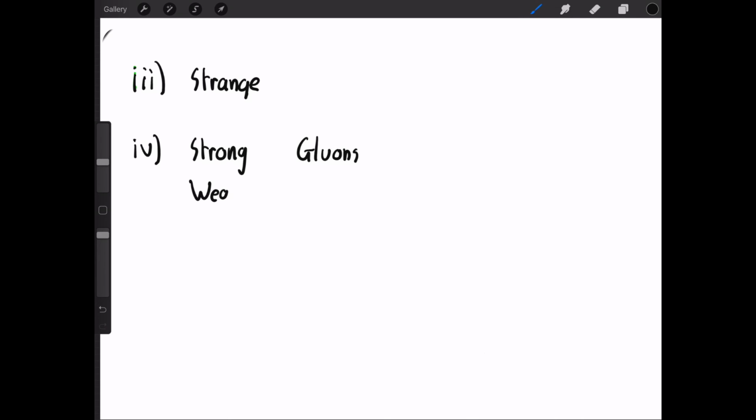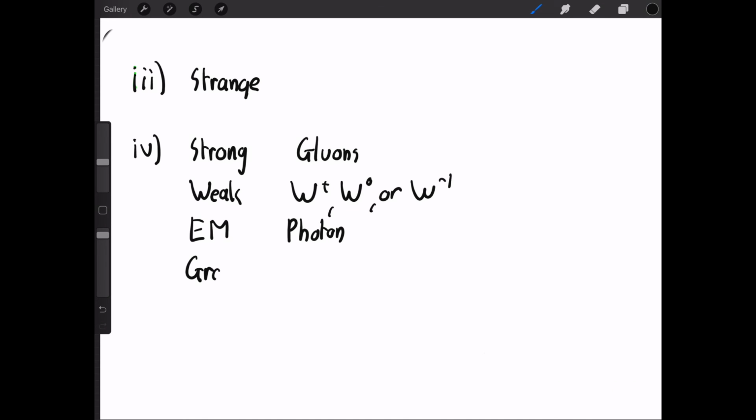The weak interaction, this is a W plus, W0, or W minus boson. The electromagnetic, that's our old friend the photon, no charge. And gravity, they think it's called a graviton, but it's not been discovered yet. You won't be asked really about that. It's still a very modern area of physics.